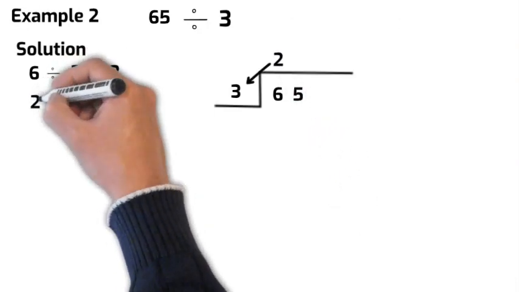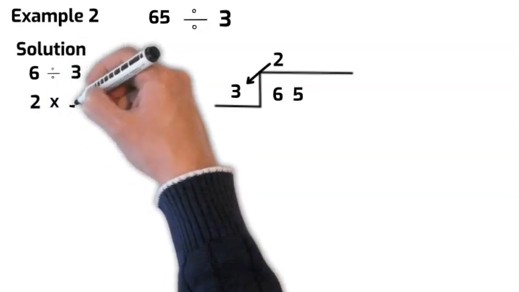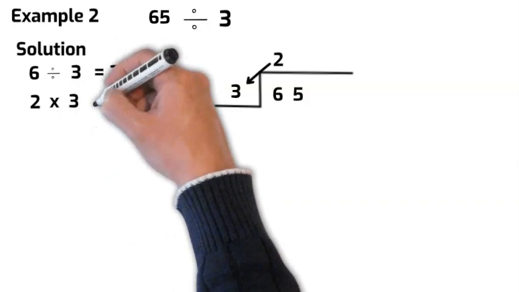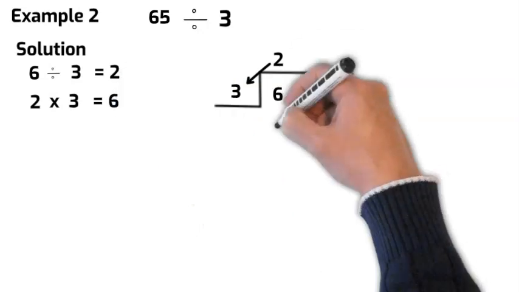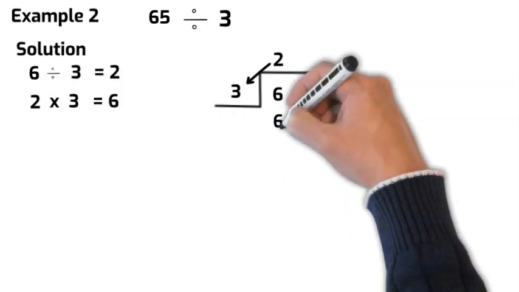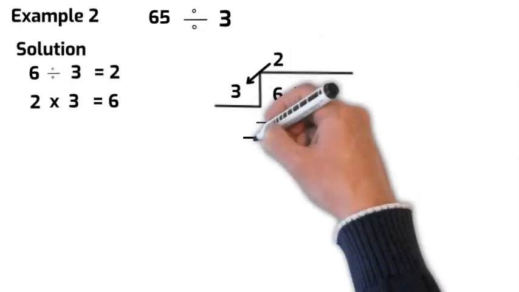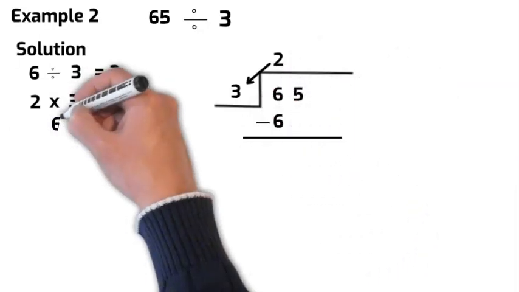Next we say 2 times our divisor 3. 2 times 3 is equal to 6. We go below the first digit of our dividend and write down 6. Now we say 6 minus 6.